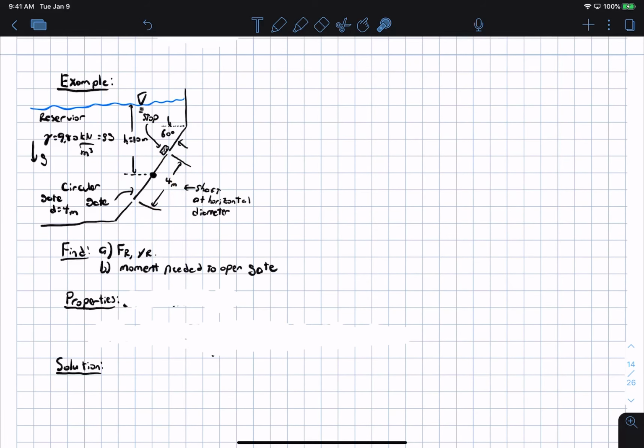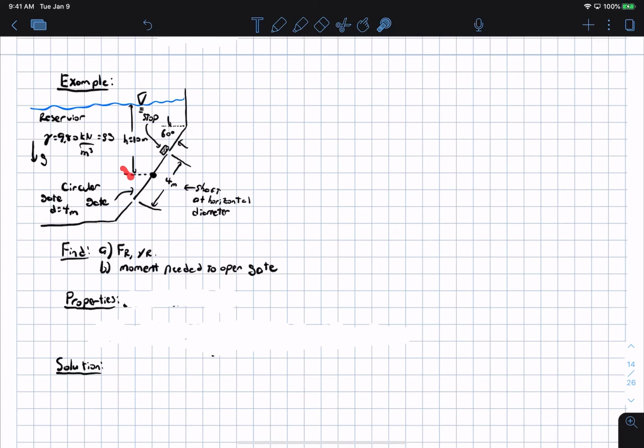It's filled with water that has a specific weight of 9.8 kilonewtons per cubic meter. The diameter of the gate is 4 meters, and there's a shaft that you can use to open the gate at the horizontal diameter. You could think of it as a butterfly valve. And the angle that this gate makes is 60 degrees with respect to the horizontal.